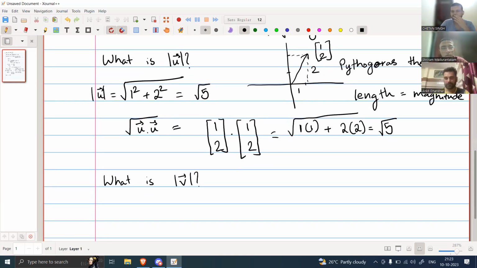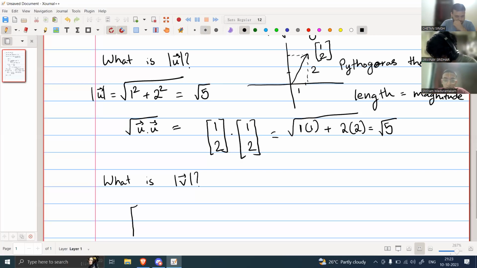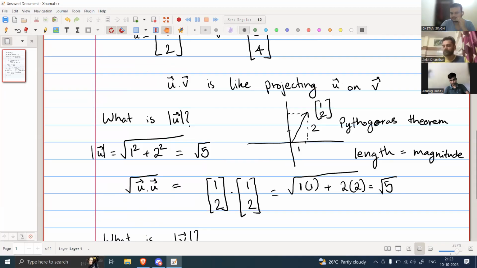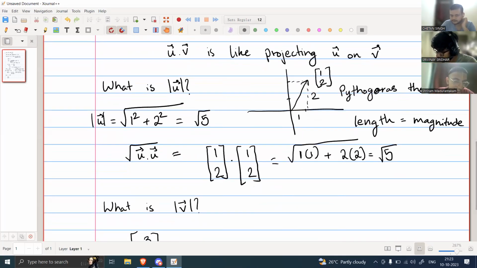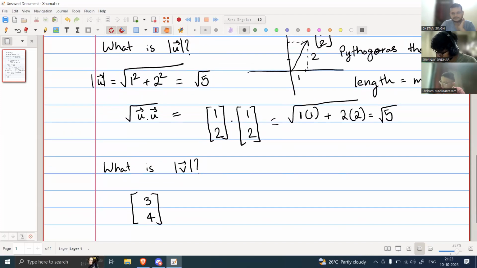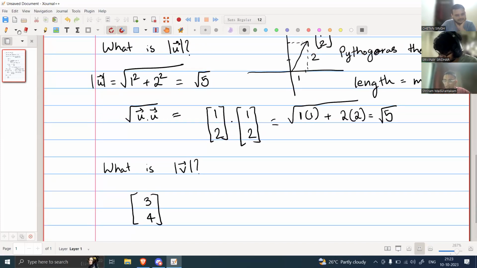Can you say what the vector v is once? Sorry, my bad. The previous one was 1, 1. Vector v is 3, 4.